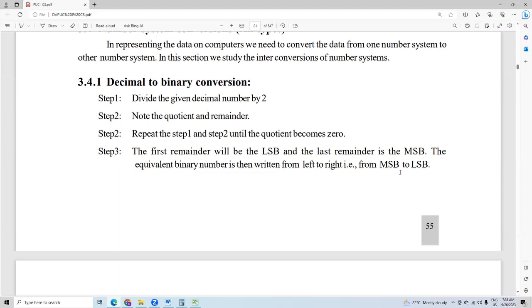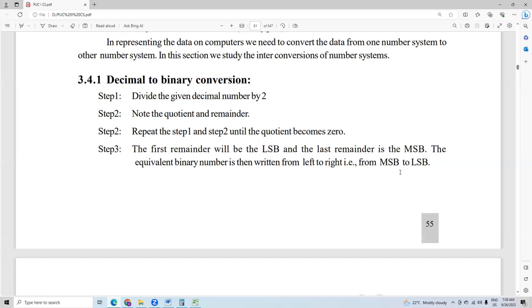Most significant bit means it is the first digit in the binary number. That means the first remainder you get is the last digit, and the last remainder you get is the first digit. After dividing the number and recording all the remainders and quotients, from down to up you have to write down the digits. That will become the final binary digits. That is MSB to LSB.